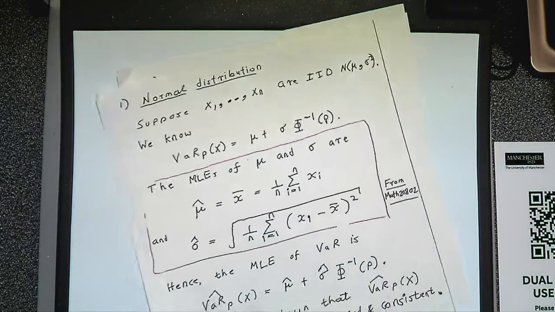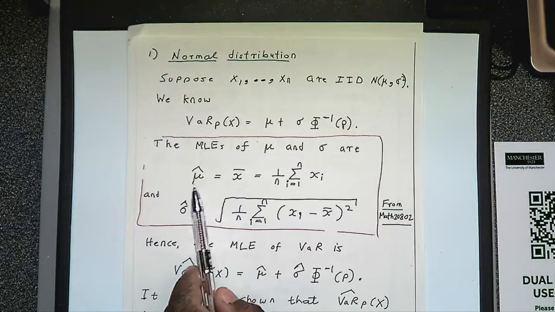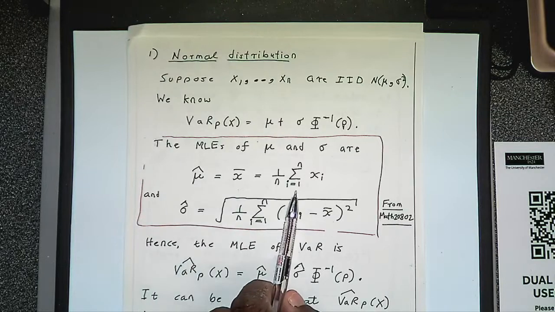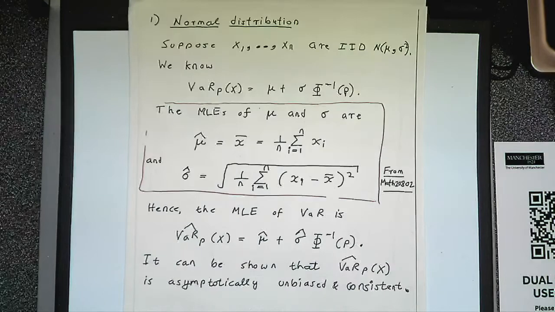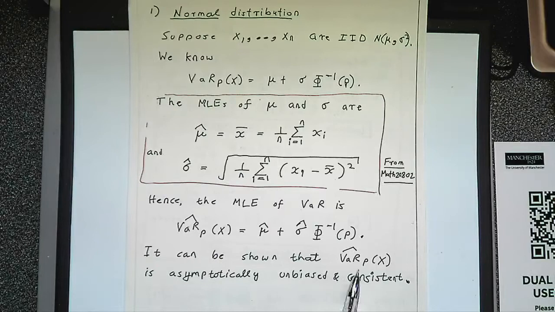You should know from statistical methods that the estimator for mu is the sample mean, and the estimator for sigma is given by this. Hence, the estimator for VaR is given by this. It can be shown that this estimator is asymptotically unbiased and consistent. I'll come back to that later. That's the first of the parametric methods.